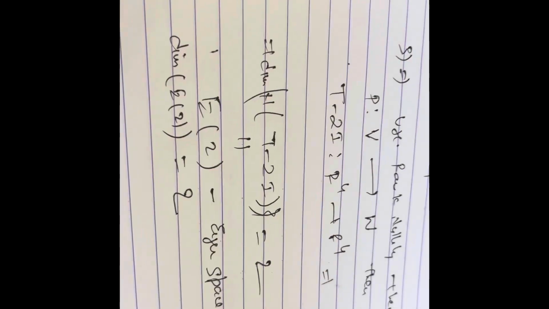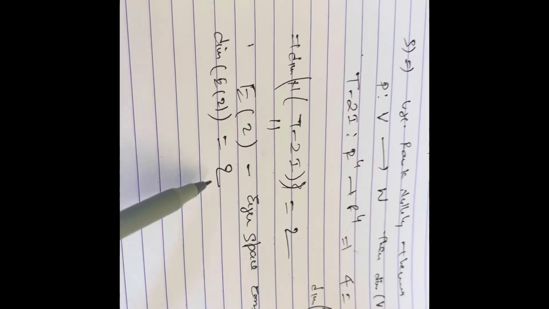So the dimension of E2 is actually 2. All right, so now we can answer the question. We have to pick those choices for which we have 2 eigenvectors corresponding to eigenvalue 2 and 1 eigenvector corresponding to eigenvalue 1.